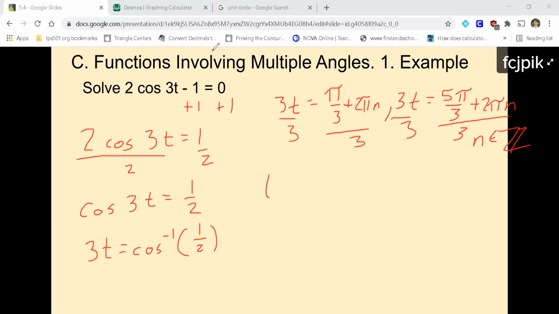So that gets us t is pi over 9 plus 2 pi over 3 n, and t is 5 pi over 9 plus 2 pi over 3 n.